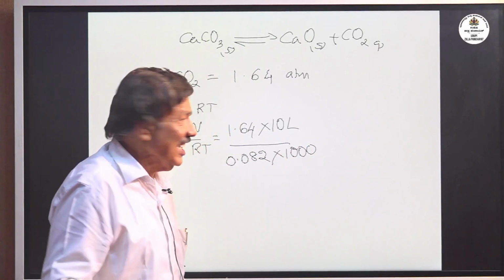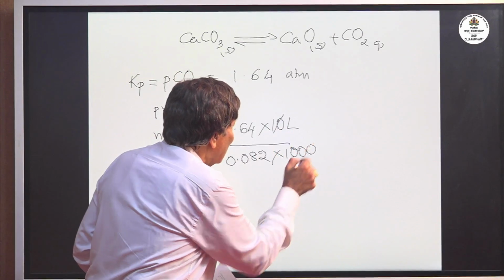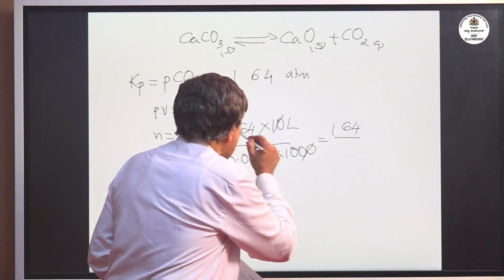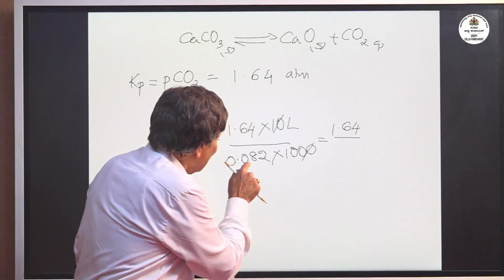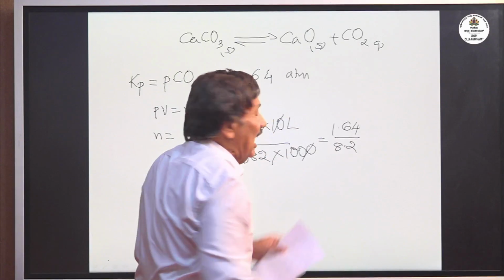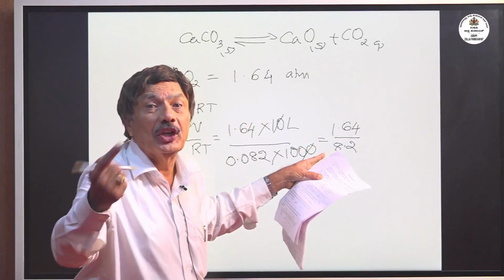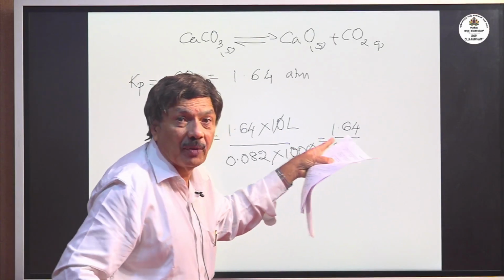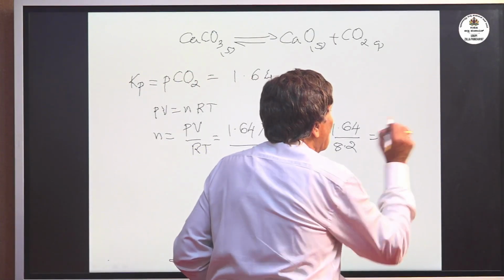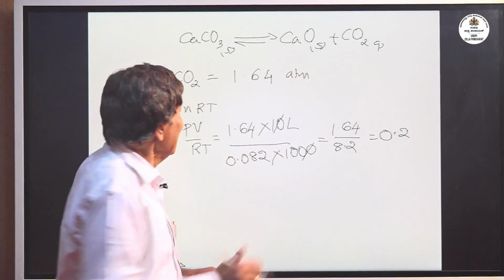Right. We'll simplify it. See, the 10 and 10 cancel here. So it is 1.64, which I shall keep as it is. 100 means 10, then 8.2. If it were 16.4 by 8.2, it would have been 2. It is 1.64 by 8.2, so it is 0.2. So 0.2 mole of carbon dioxide is present. Now see the equation.